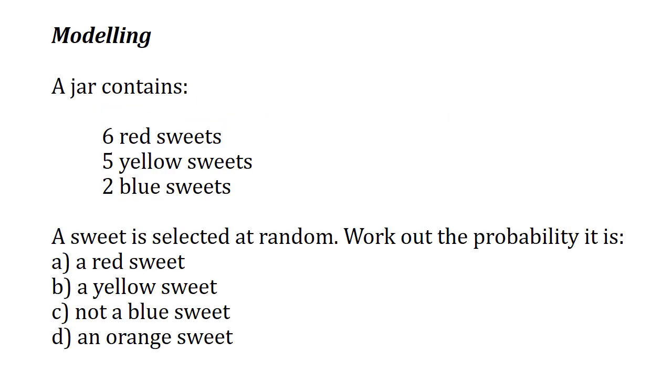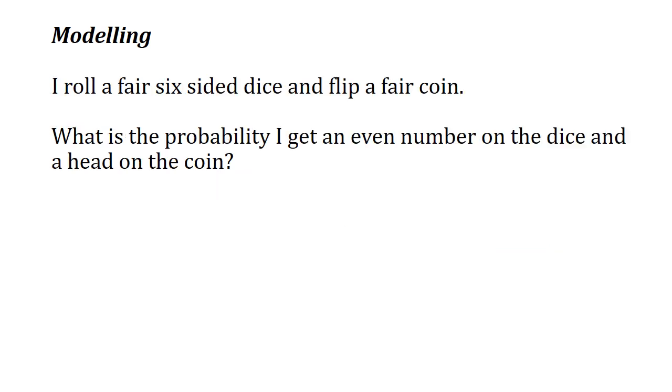The last question. Where it's easy to see how many total outcomes there are and how many of each suit, it's a bit less clear on this. So your starting point is to try and list all the outcomes that there are, and a table will help you do that in a really neat and efficient way. So you can get a head on the coin and a 1 on the dice, or a head and a 2, and so on.